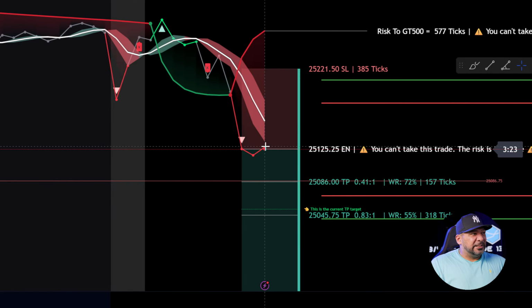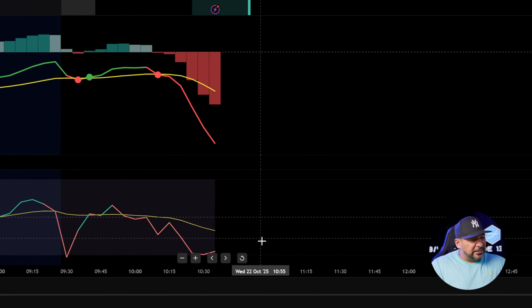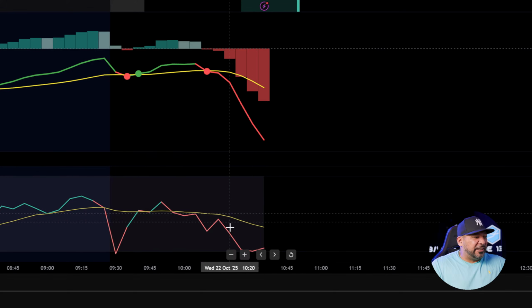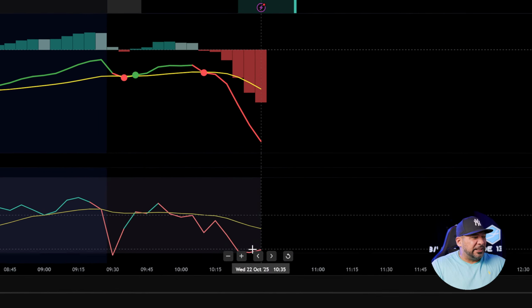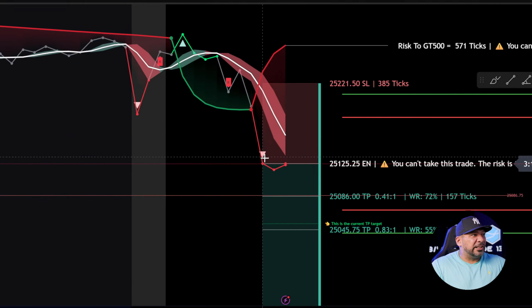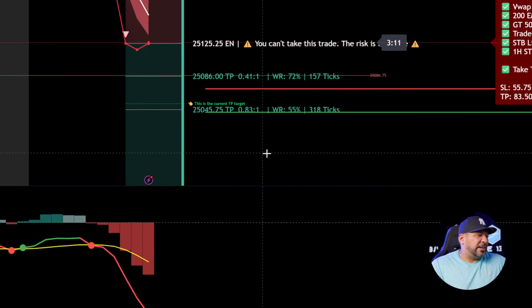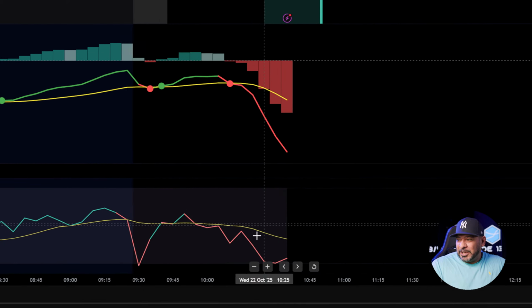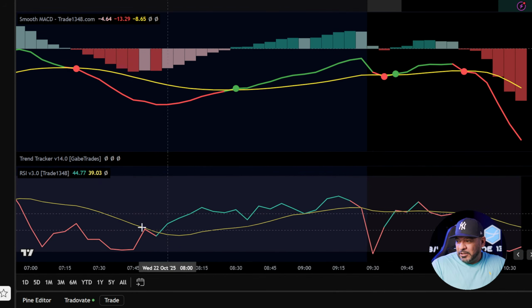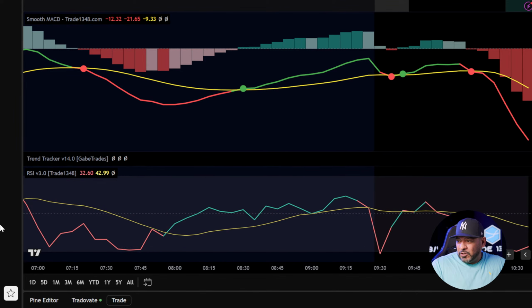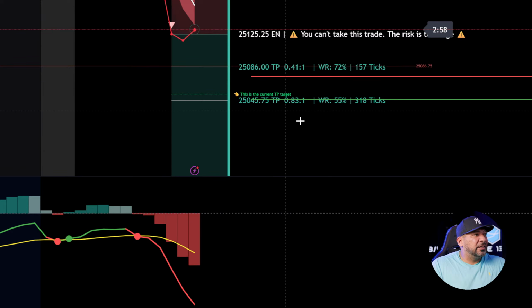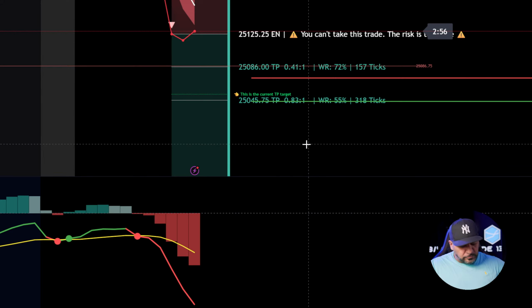So let's see. Are we going to fail at the band and come back down? I am very, very nervous in this range because of the RSI and being overly extended here. And of course, because the market's being choppy. And of course, there you go, all in the same ranges. Mm, I don't like it.